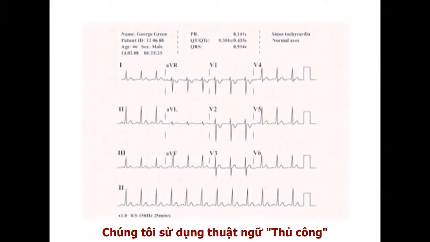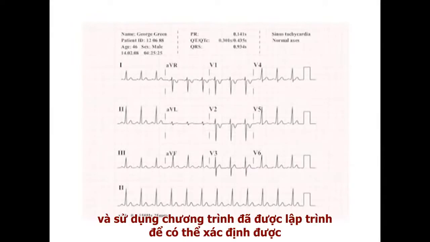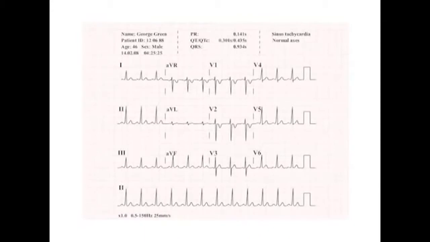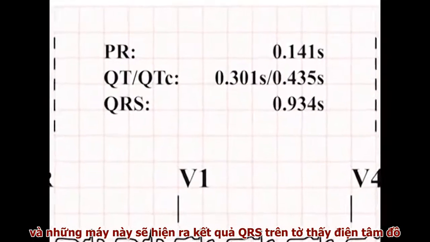We use the term manually as most modern digital ECG machines are capable of recording all 12 leads simultaneously and use computer programs to identify the times of the earliest and latest deflections of the QRS complexes in all leads.